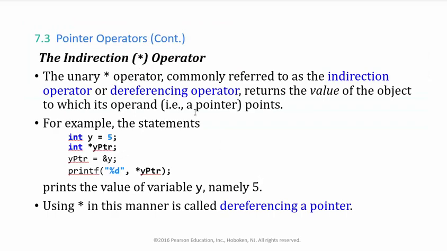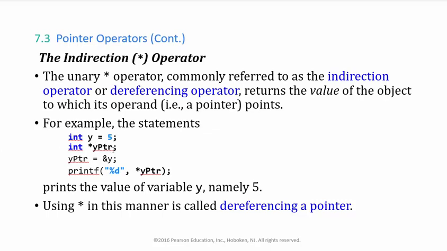So the asterisk is called an indirection operator, also called a dereferencing operator. I usually call it a dereferencing operator, but either terminology is correct. It returns the value of the object to which it is pointing. So, for example, I've declared a variable called y whose data type is an integer and whose value is a 5.